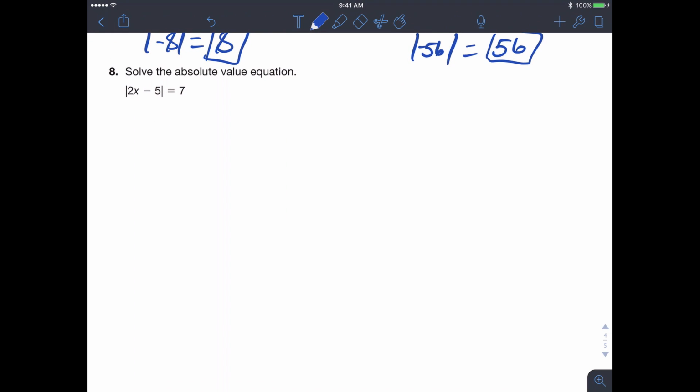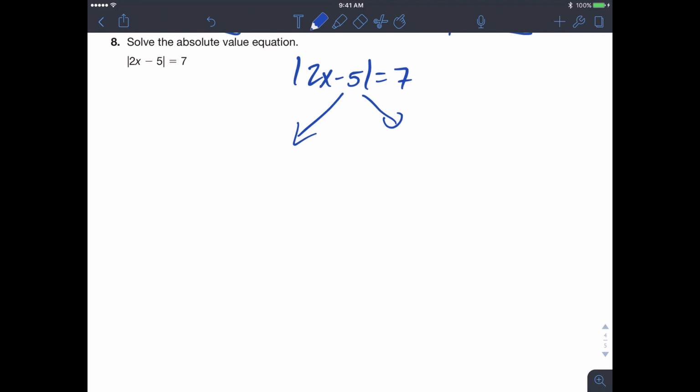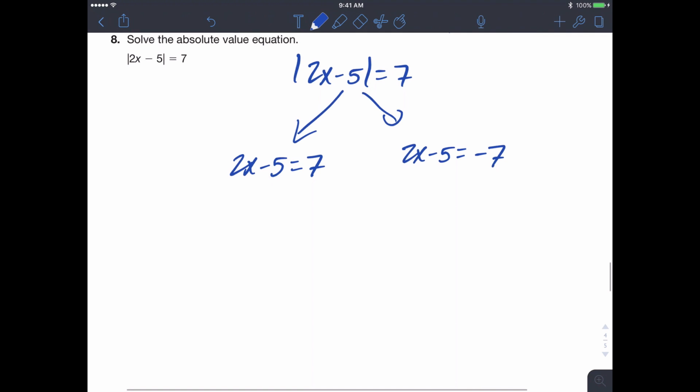Absolute value equation. I'm going to rewrite it. And these are the ones we break up. One of them we keep the same: 2x minus 5 equals 7. And the other one we change: 2x minus 5 equals negative 7. All right?